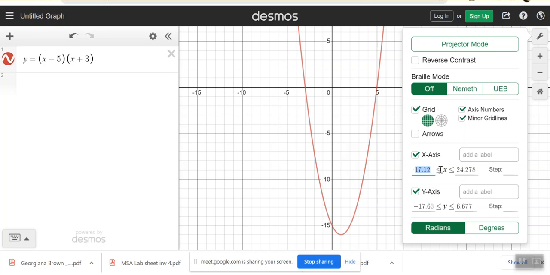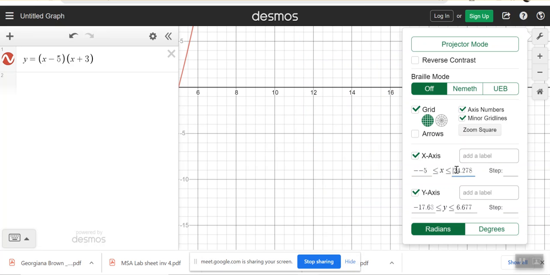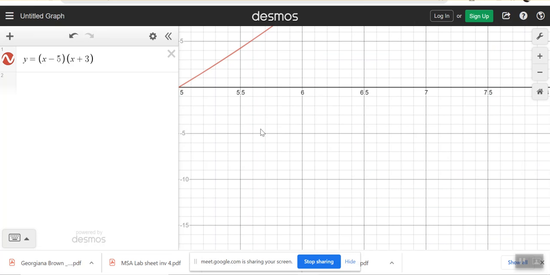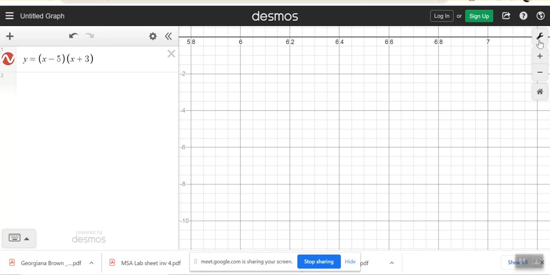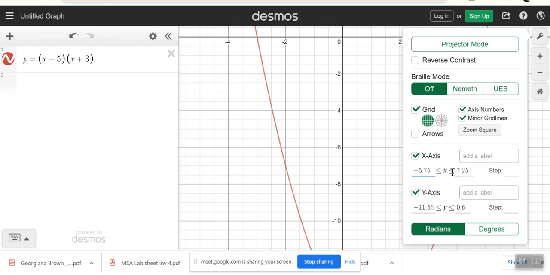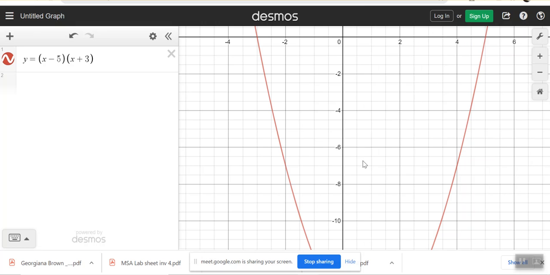My x-intercepts are not nearly that big, so I'm going to go with negative 5. And let's go with, oh, I don't know, 8. No, I wanted negative 5. There we go.